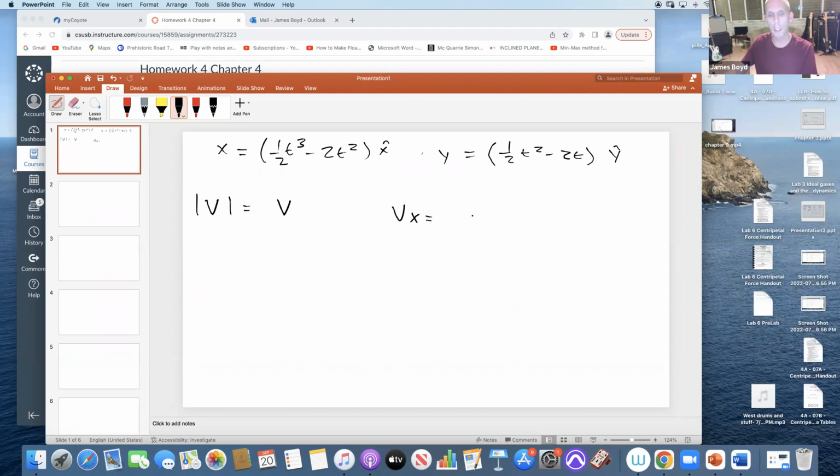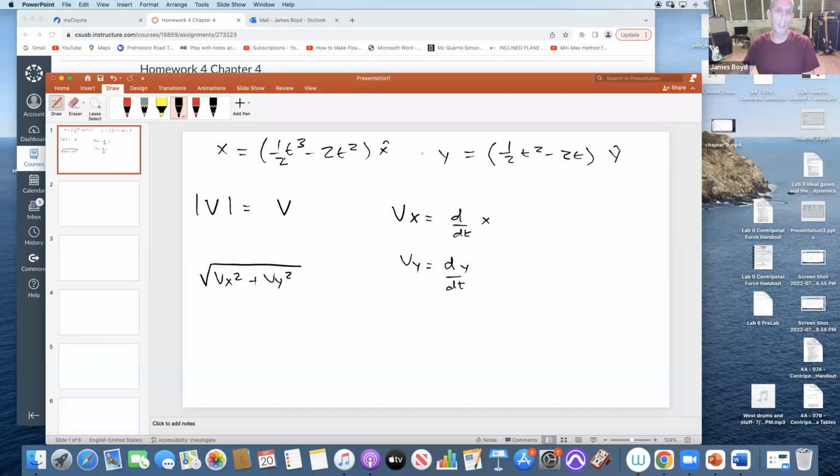Vx is the x portion derivative with respect to time, and the y part is the y part with respect to time. And then what we're going to do is find Vx squared plus Vy squared. That will give us our speed. They ask for speed, so we don't care about plus or minus directions.